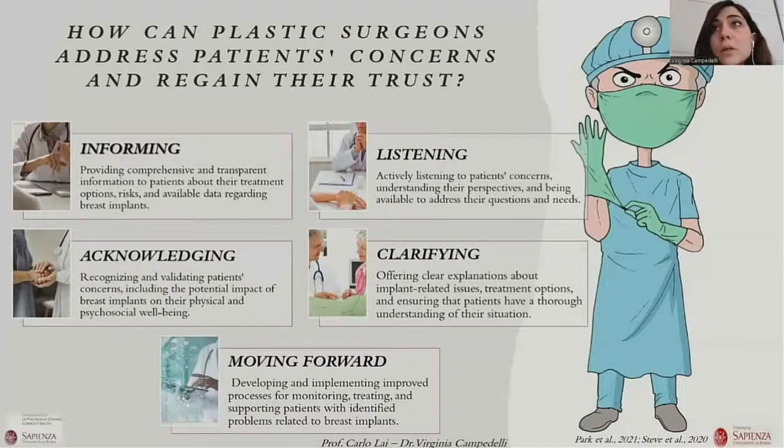Surgeons can empower patients to make informed decisions about their health. Then, listening to patients is equally important. Actively listening to their concerns and understanding their point of view can help build a solid foundation of trust and communication between patients and surgeon.